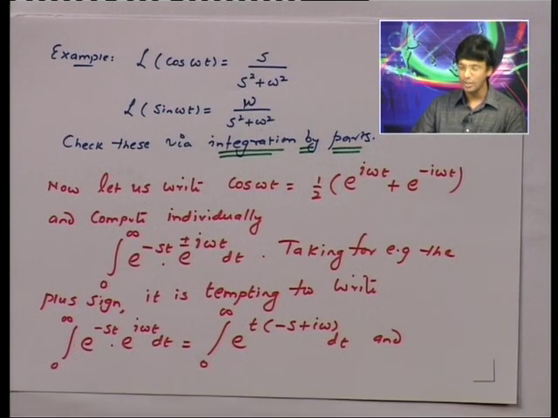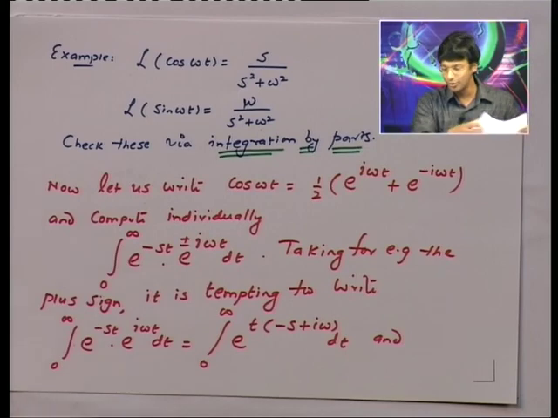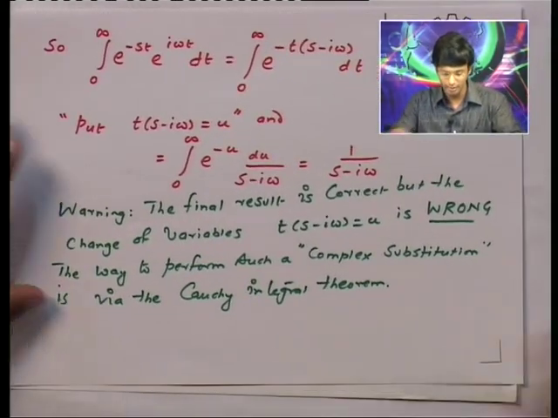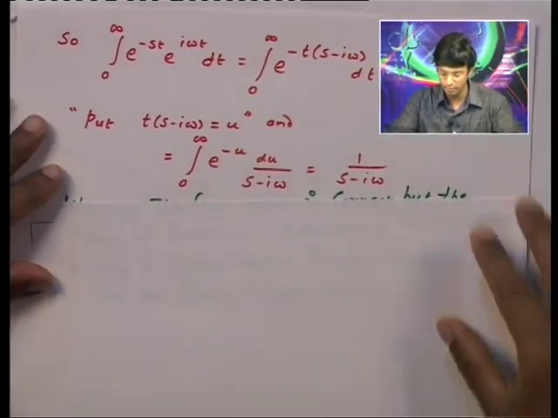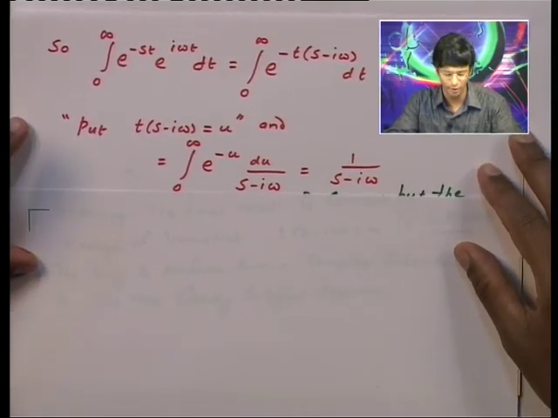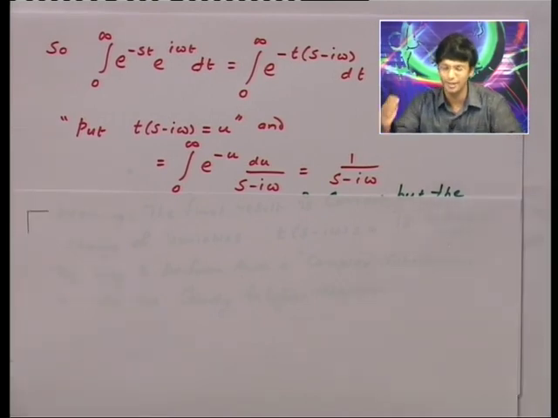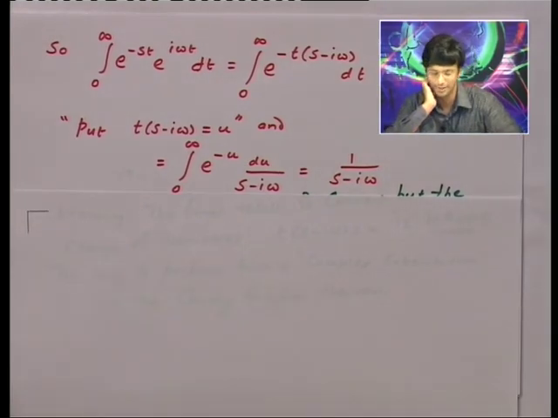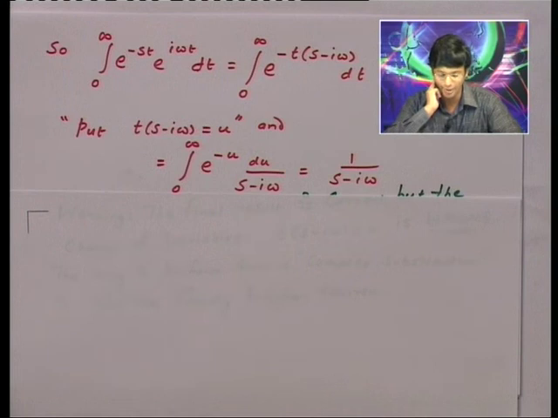It is tempting to write e to the power minus st into e to the power I omega t as integral 0 to infinity e to the power minus t into s minus I omega, put t into s minus I omega equal to u, correct, and you get integral 0 to infinity e to the power minus u du upon s minus I omega, right.